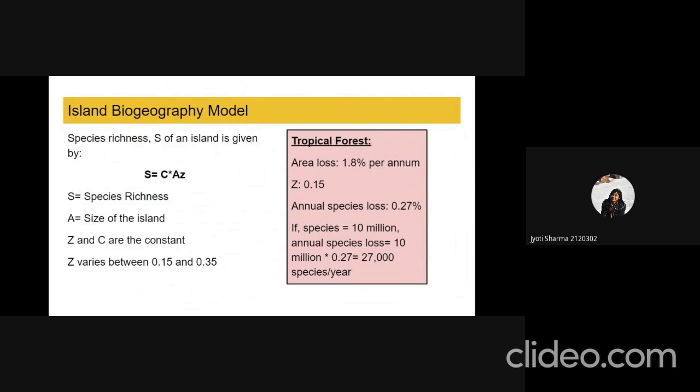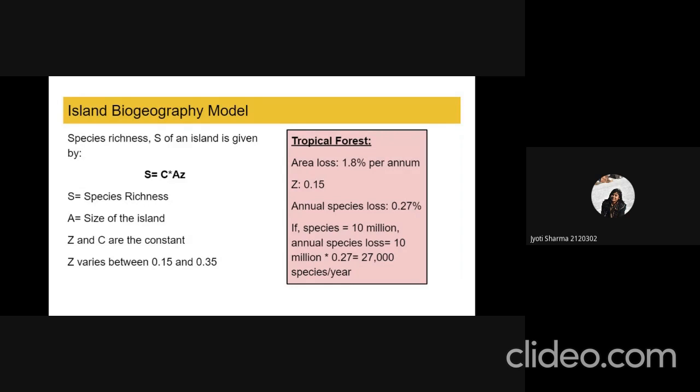So here is one example. We know that in tropical forest, mainly the Amazon forest, we are losing 1.8% of that area per annum, and we are taking the lowest value of Z, that is 0.15. So if we calculate the species loss, that will be 0.27%.